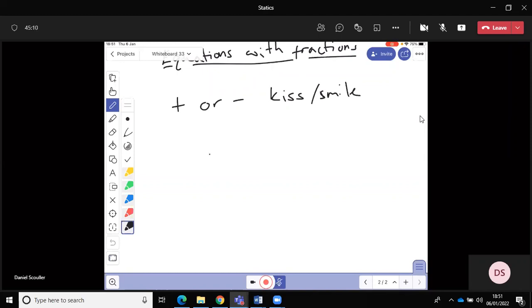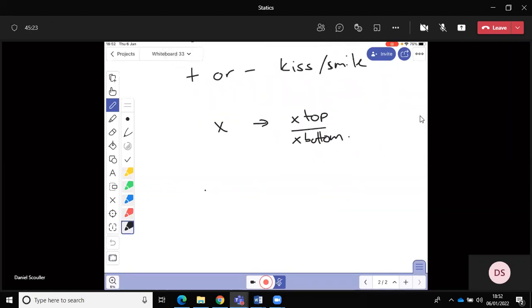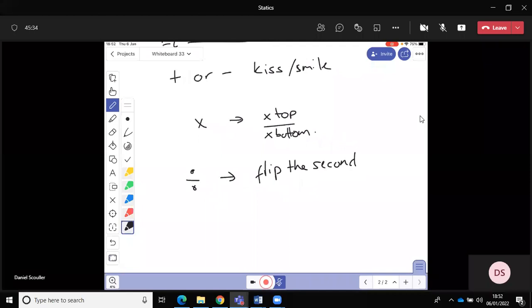If we've got a multiplication of a fractions, we multiply the top and we multiply the bottom. Nice and simple. When we're going to divide a fraction, we flip the second fraction, and then multiply as normal.